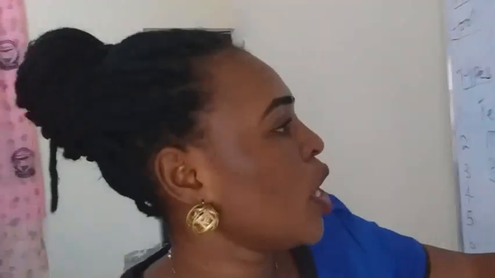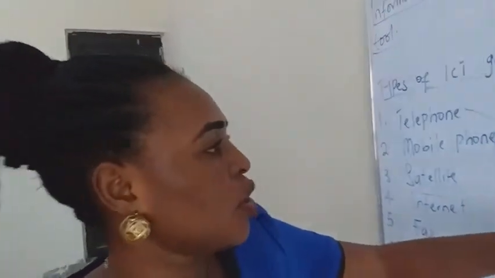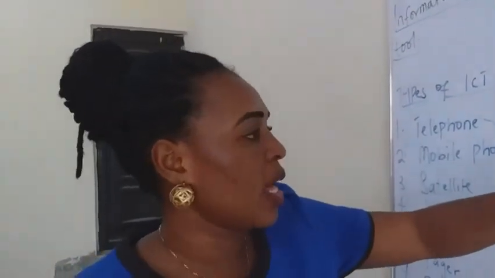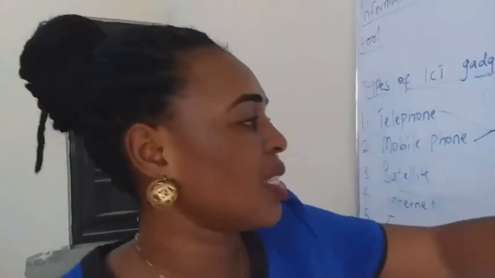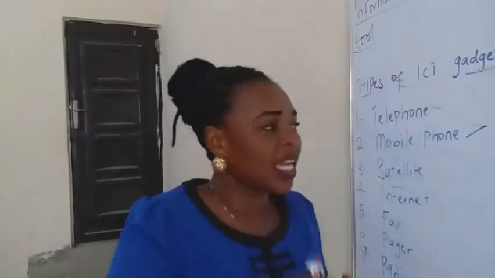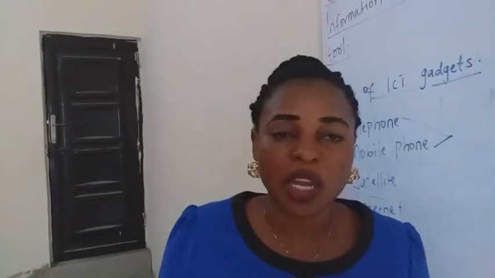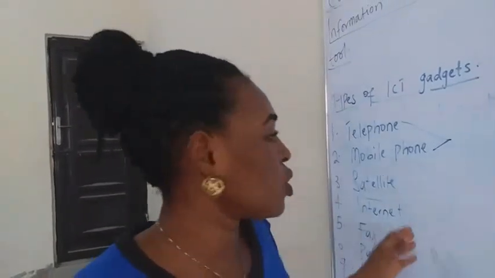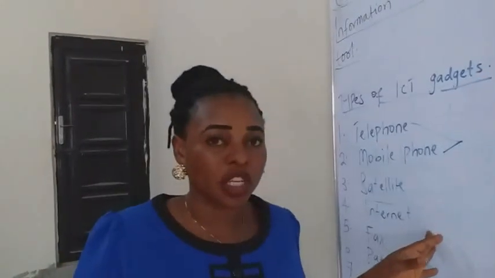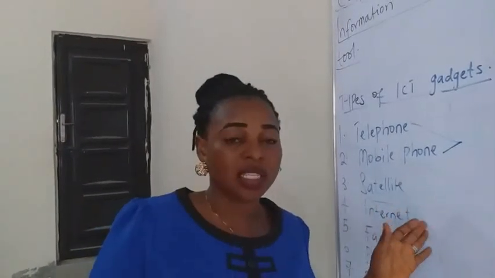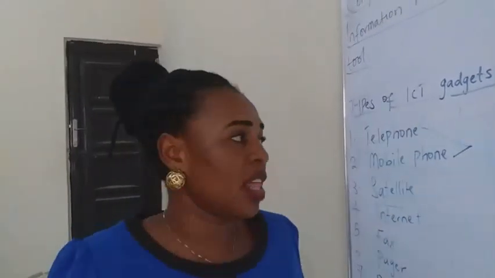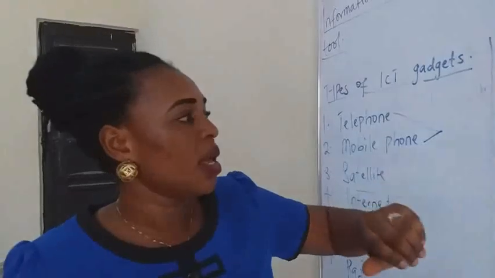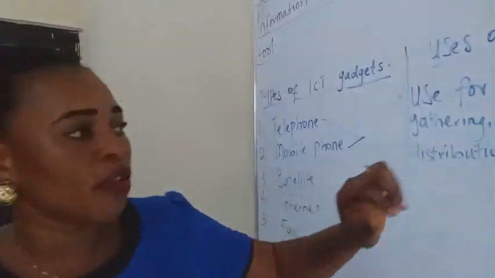For example, if I use my computer, I can use it to get information together, my system can help me to process it, and I can also send it out to various people in different locations with the use of these ICT gadgets. So without the use of these ICT gadgets, I cannot achieve that. So the ICT gadget makes it easy for you to gather information, process it, and also distribute it.